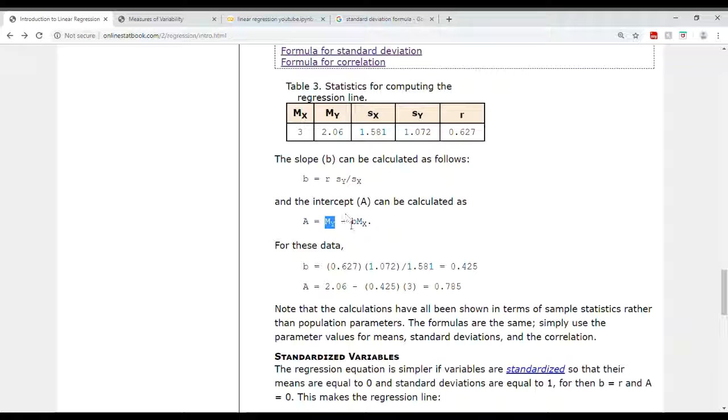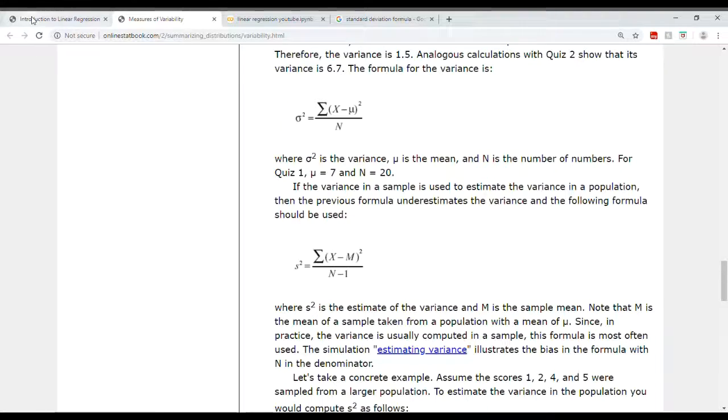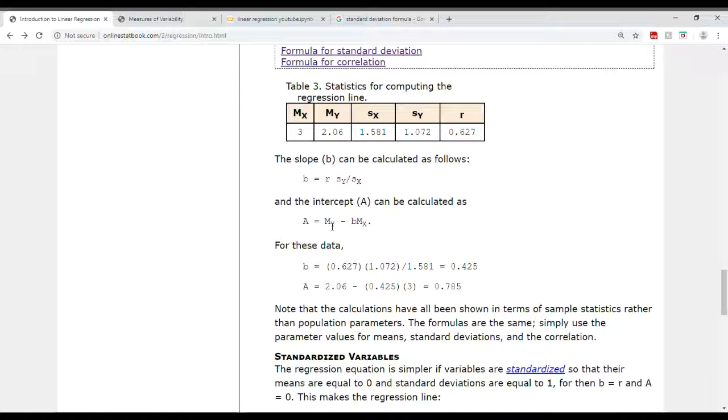my is the mean of y minus m into mx. Okay, just remember that. I'm going to explain it, because I want people to watch my video. Really, I can't explain it.